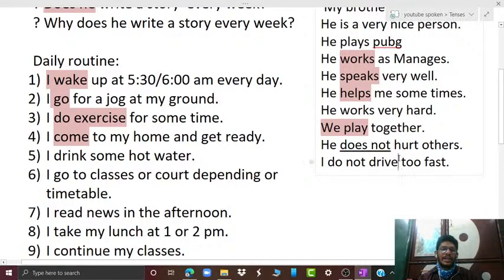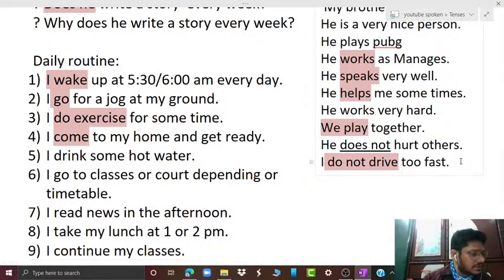So here we can write do not drive. This is a negative aspect. So like that we can write. Okay, are you getting how to write the daily routine?